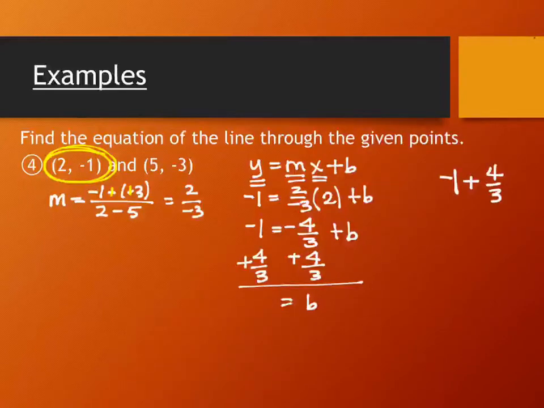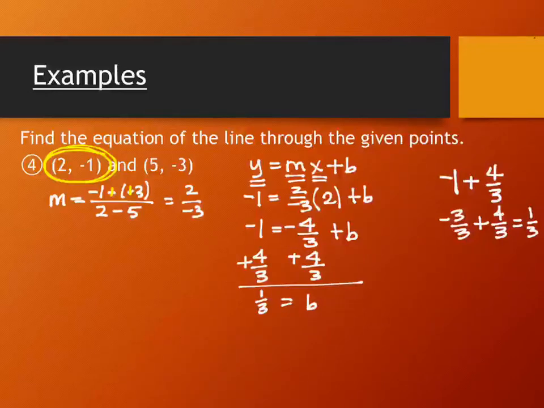How do I add fractions? Yeah, I need a common denominator. So this would be negative 3/3, right? Plus 4/3, which is equal to what? Yeah, 1/3. So my b value, my y-intercept, is actually crossing at 1/3.